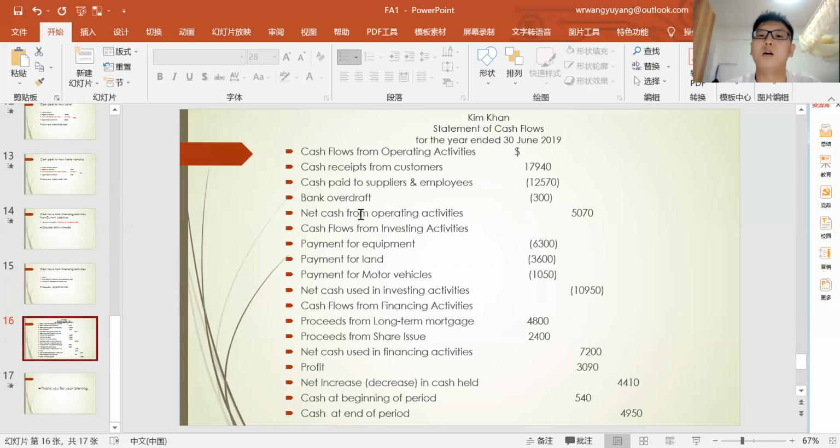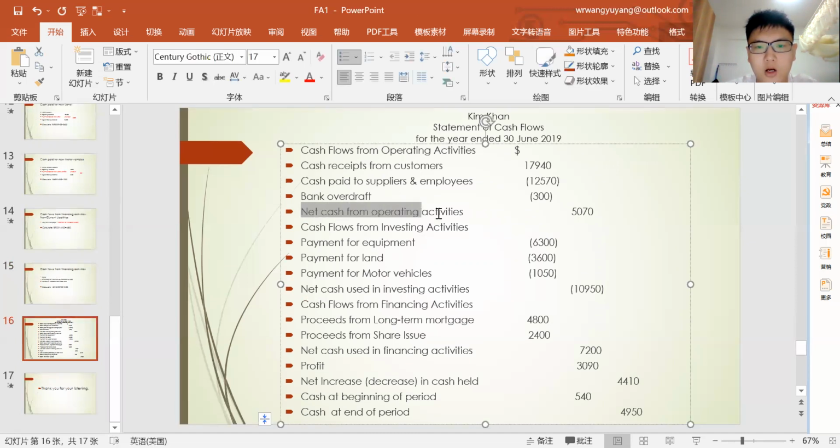So we can write the statement of cash flows. It's very important. The net cash from operating activities is 5070, and the calculation is 17940 minus 12570 minus 300 equals 5070. About investing activities, this part is paid for new assets, and the calculation is 6300 plus 3600 plus 1050 equals 10950.